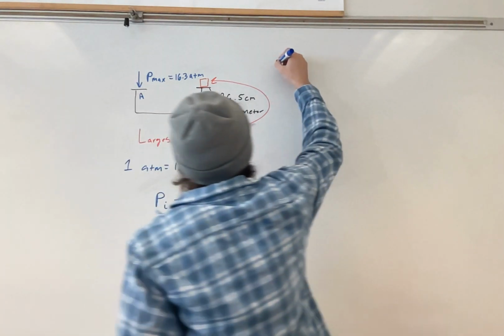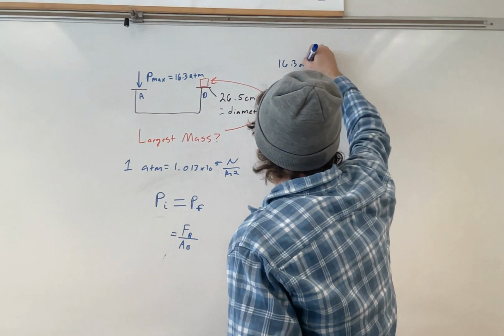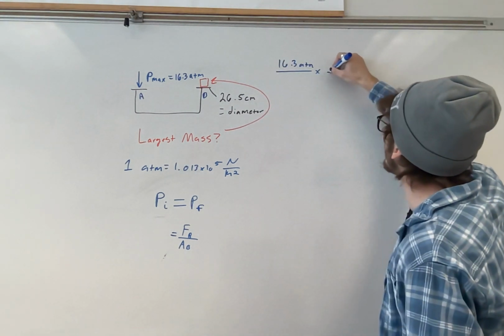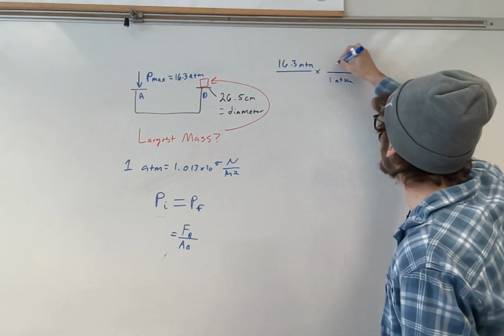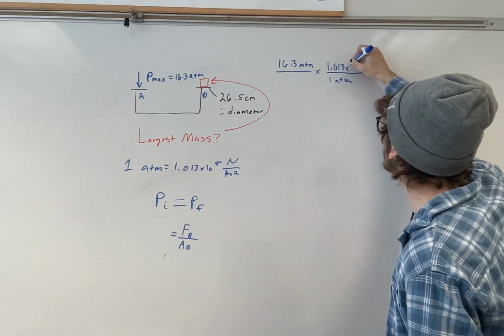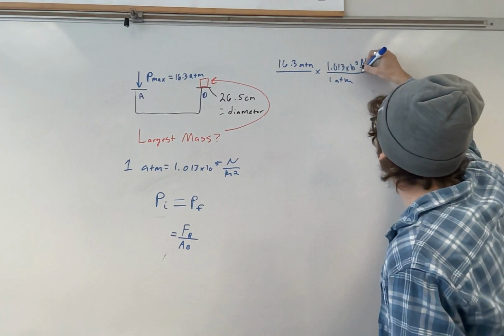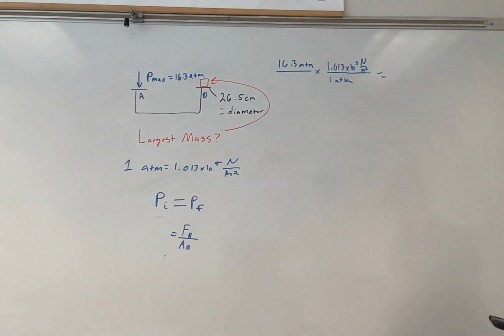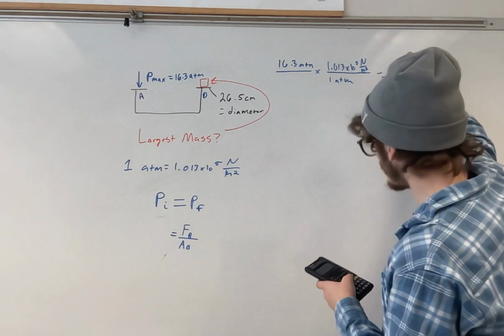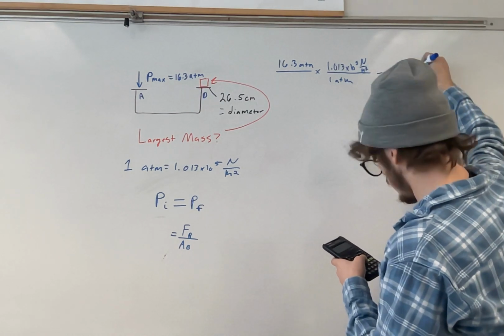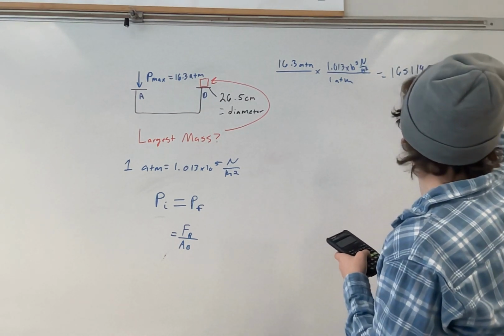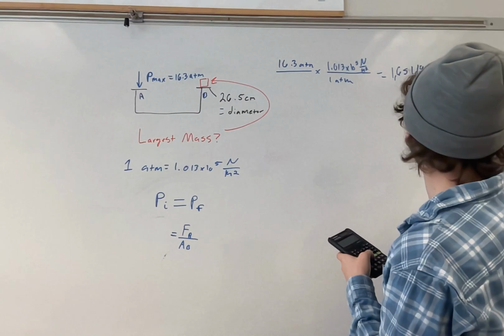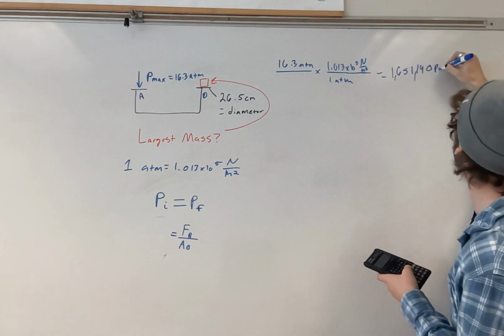So 16.3 atmospheres, for every 1 atmosphere you have 1.013 times 10 to the 5th newtons per square meter. And that's going to give us our output here. So 16.3 times 1.013 times 10 to the 5th, we get a pressure of a very large number, 1,651,190 pascals.